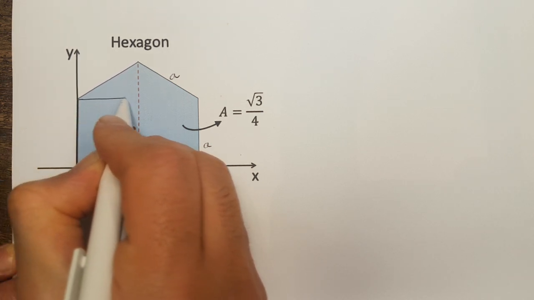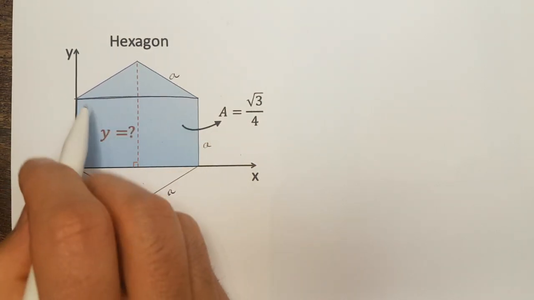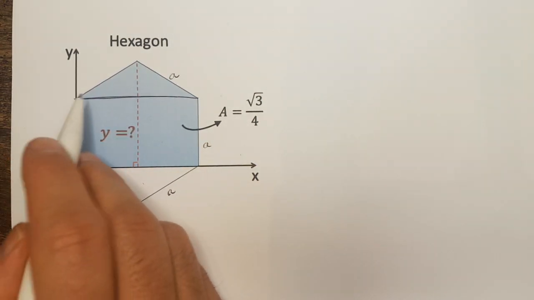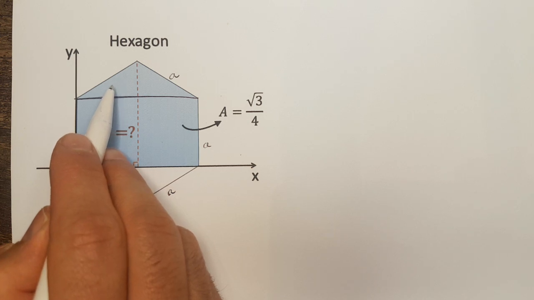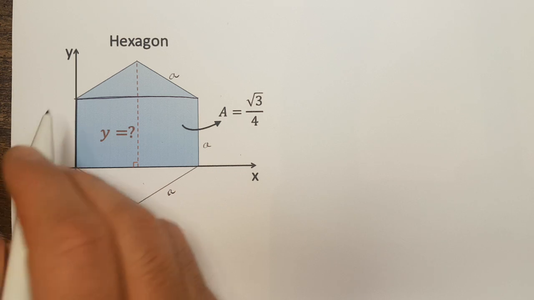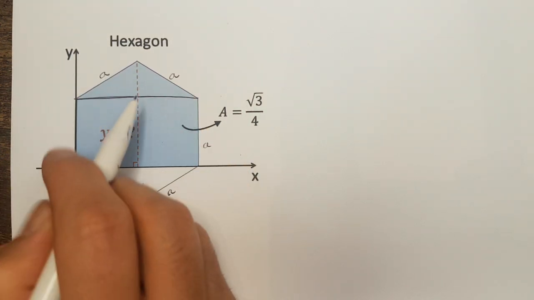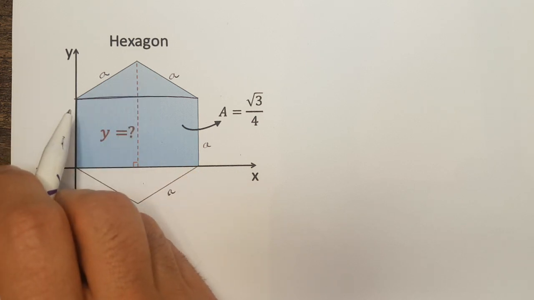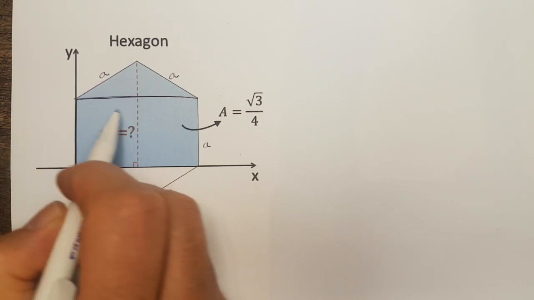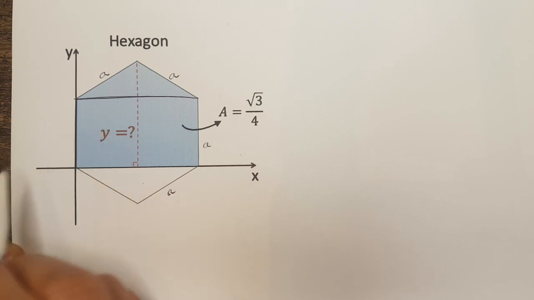By drawing a line parallel to the x-axis from this corner, we'll have an isosceles triangle, because the two sides on the top are equal, and we will have a rectangle at the bottom.